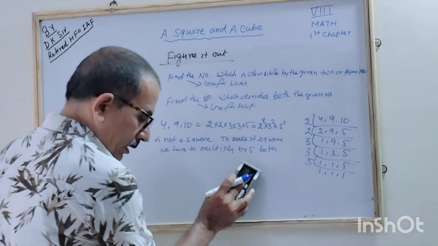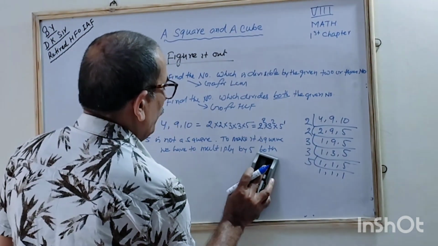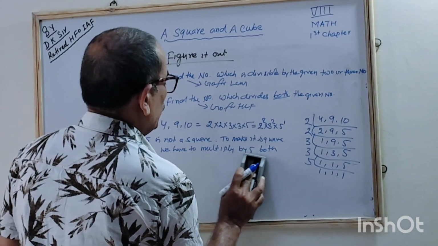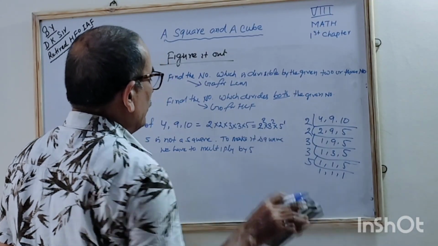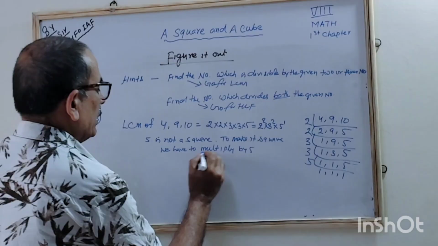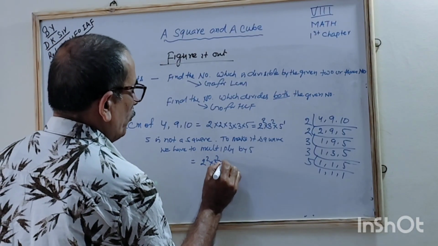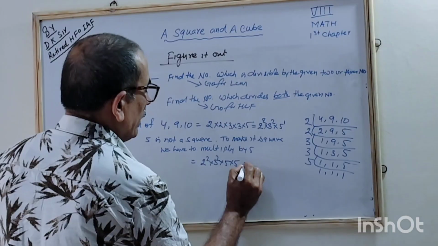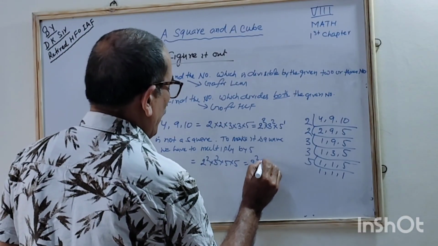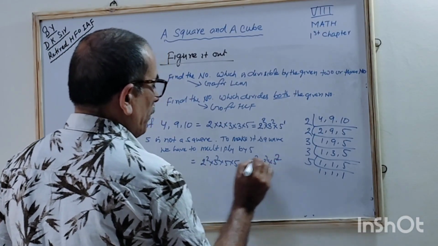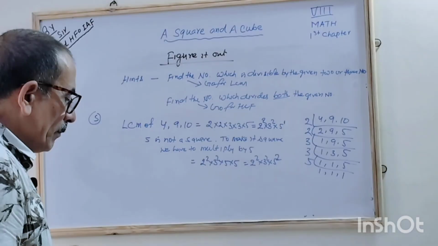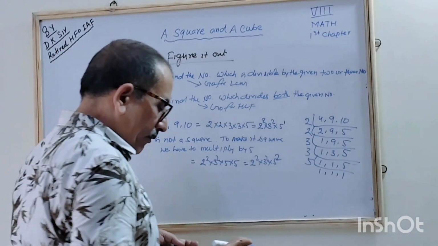Correct? So this we will do. When we do it, both sides are multiplied by 5. So how much does it become? It becomes 2 square into 3 square into 5 into 5. So it becomes 2 to the power square, 3 to the power square, and now it is a perfect square. But we have multiplied by 5, correct?